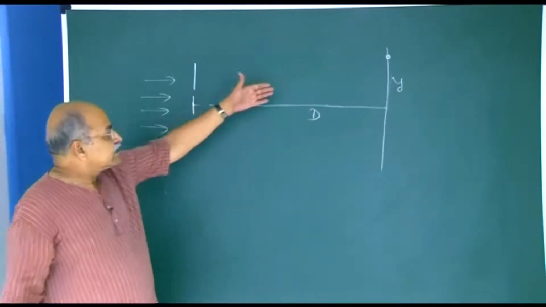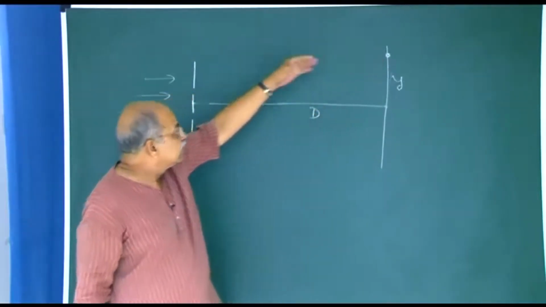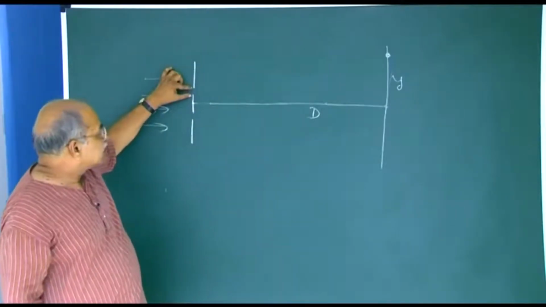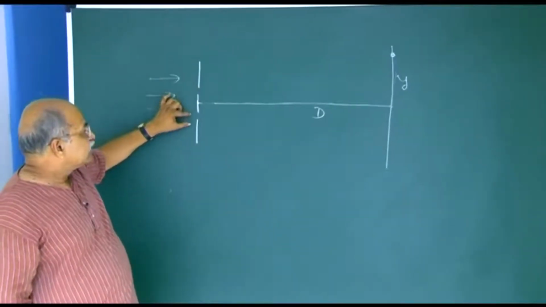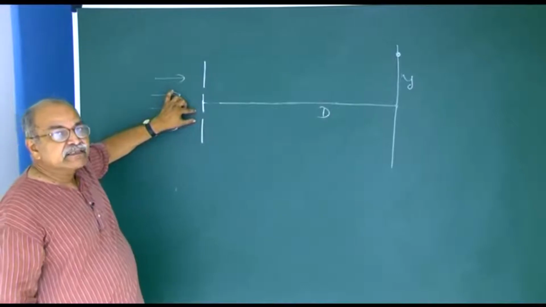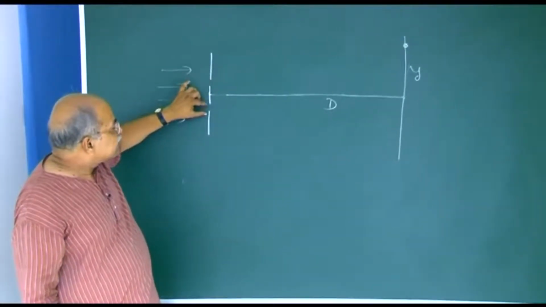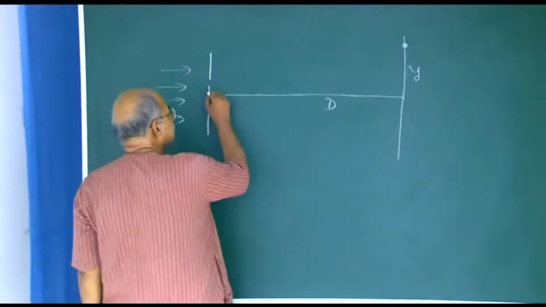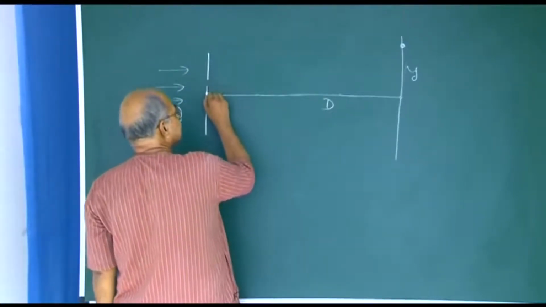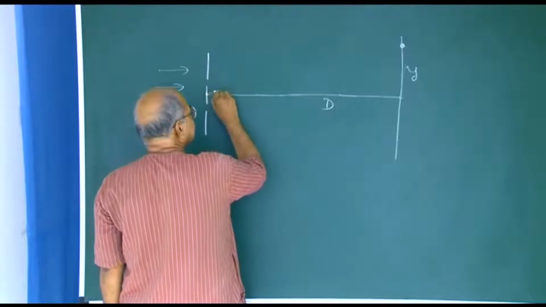Light reaches this point from the first slit and also from the second slit. How much intensity comes from the first slit and second slit? That depends on this width of the slit and then the angles.